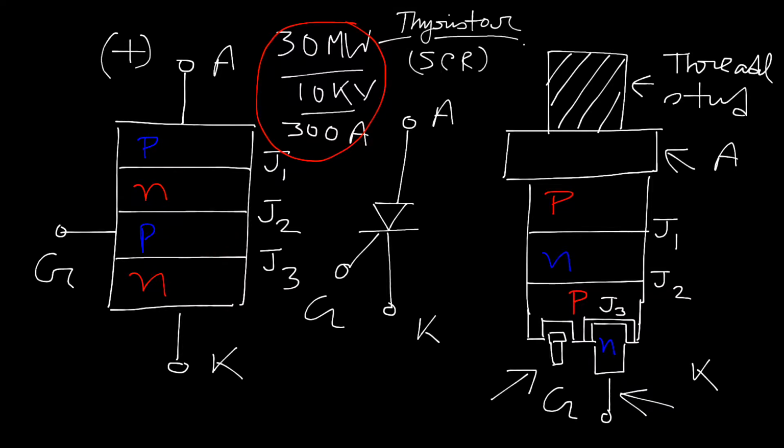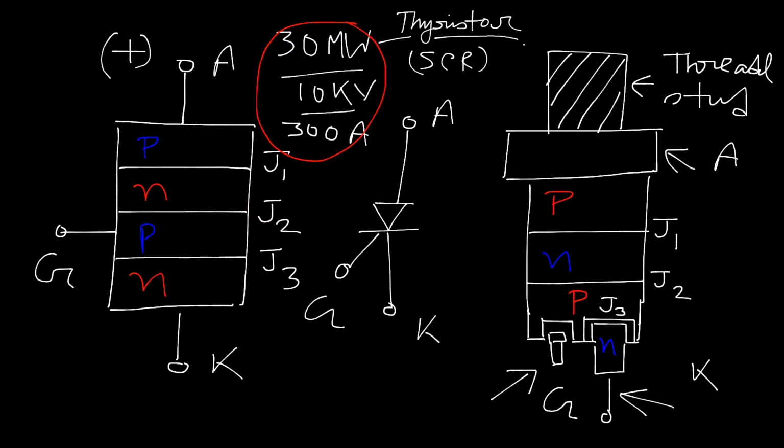That means there is no question of a depletion layer there. Whereas junction J2, which is across the NP region, works as a reverse biased diode. As the current tries to flow from anode to cathode, junction J2 is reverse biased, that is why the depletion layer forms.